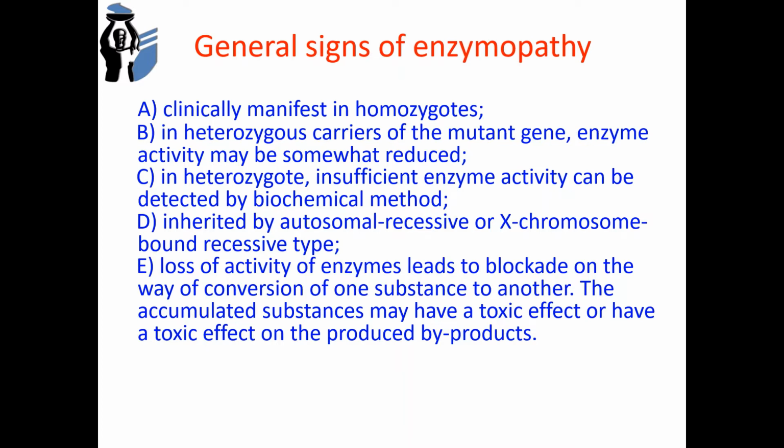Inherited by autosomal recessive or X chromosome-bound recessive type. Loss of activity of enzymes led to blockade on the way of conversion of one substance to another. The accumulated substances may have a toxic effect, or the produced byproducts may have a toxic effect.